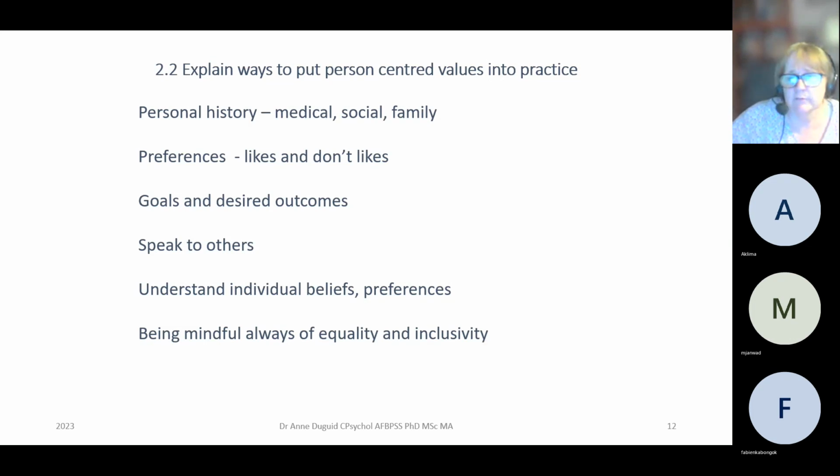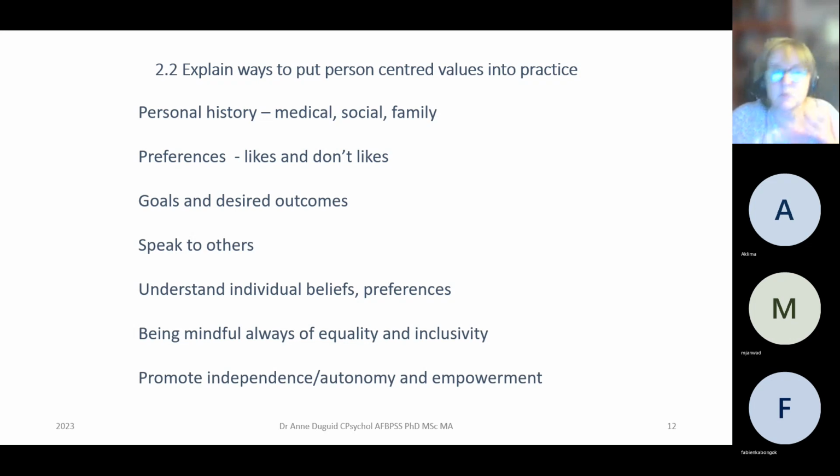And always be mindful of equality and inclusivity. If you keep nothing in your head from the last 3 modules, equality and inclusivity, if you keep that at the basis of everything you do, everything just comes from that root, okay? Because you're having to treat people with respect and you're having to help them participate.